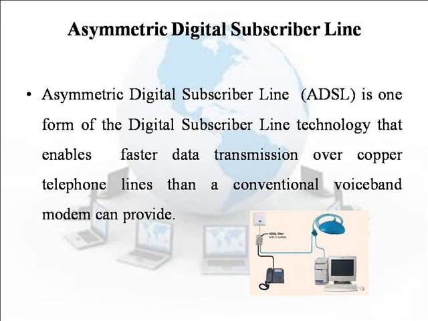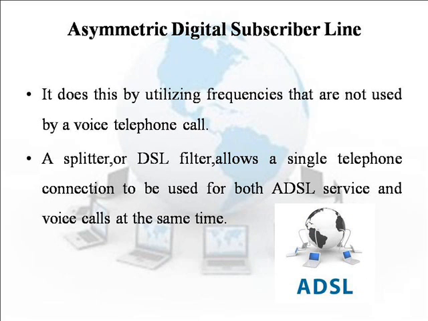Asymmetric digital subscriber line. ADSL is one form of the digital subscriber line technology that enables faster data transmission over copper telephone lines than a conventional voice band modem can provide. It does this by utilizing frequencies that are not used by a voice telephone call.